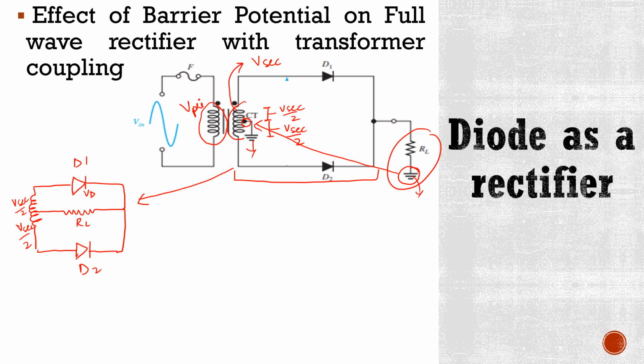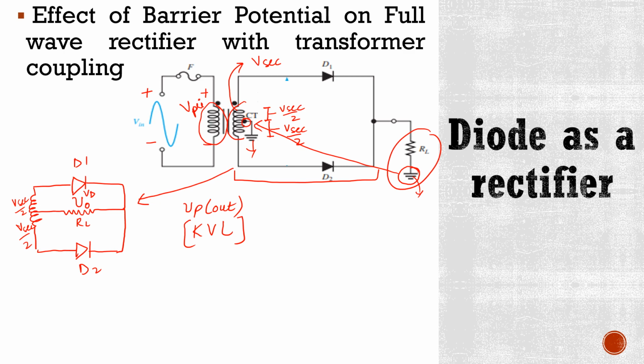Now what will be the peak output voltage here? We know that the output voltage is across the load resistor, and here we will apply KVL. Now if this terminal of the input voltage is positive and this is negative, it means this terminal of the primary coil is positive, this is negative.